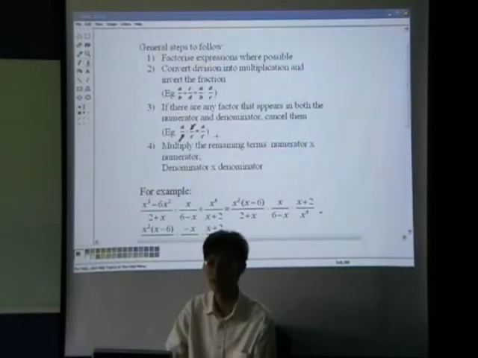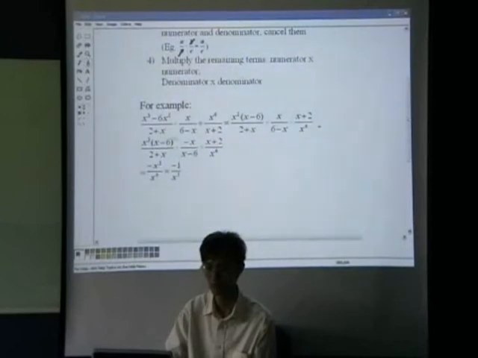Fourth step, multiply the remaining terms: numerator multiplied by numerator and denominator multiplied by denominator. For example, this question. What we do first is to factorize any terms or expressions. In this case, the x cubed minus 6x squared can be factorized to x squared bracket x minus 6. And the division over here will be changed to a multiplication by inverting the fraction.